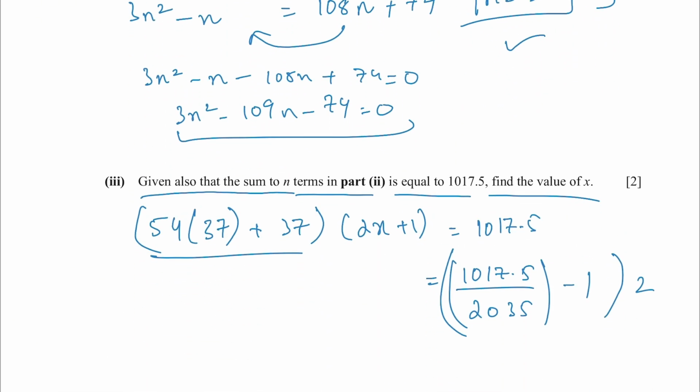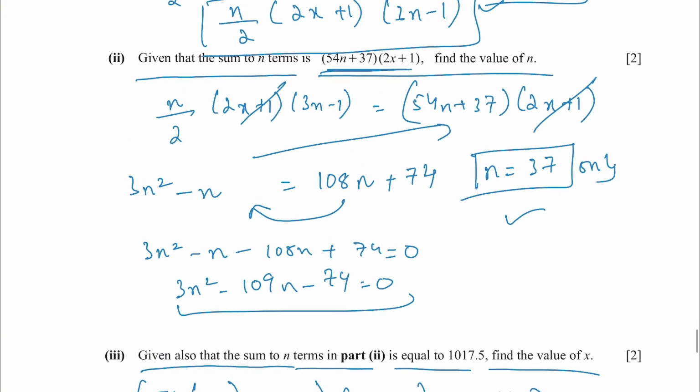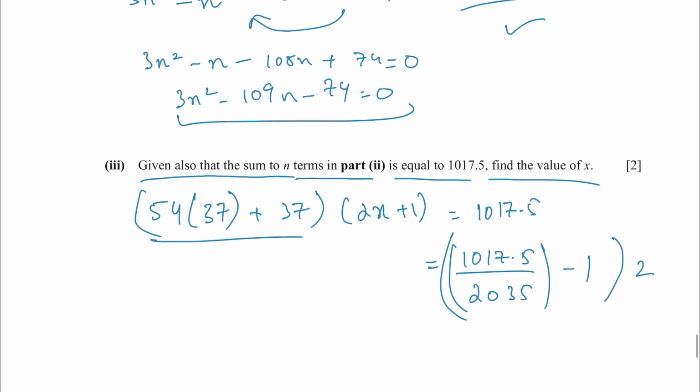No. So 54 multiplied by 37 plus 37 is basically 2035, and 1017.5 divided by 2035 is 1 over 2, and we have our 2x plus 1 as this, so this would be subtracted by 1 and then divided by 2. We'll be dividing it by 2. My mistake over here.